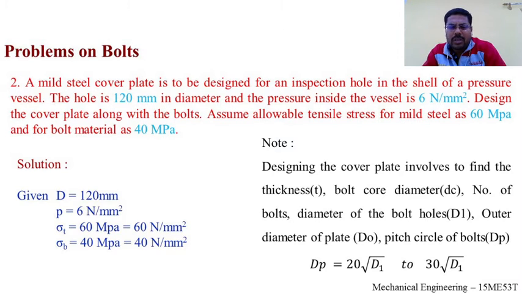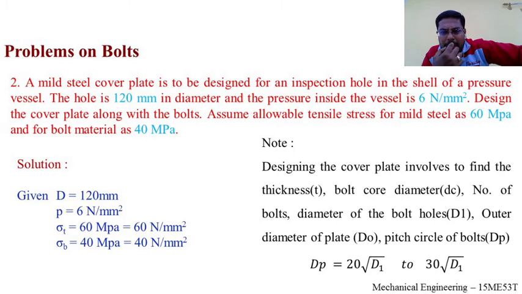Note, designing of the cover plate involves finding the thickness t, bolt core diameter Dc and number of bolts, diameter of the bolt holes D1 and outer diameter of the plate D0, and pitch circle diameter of bolts Dp. You need to find each of these to design the cover plate with the bolts.